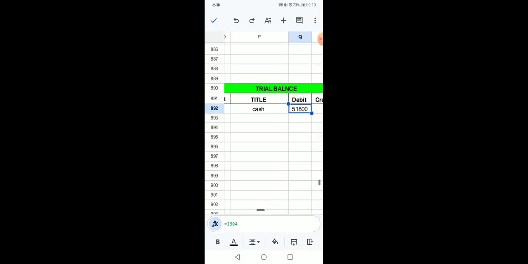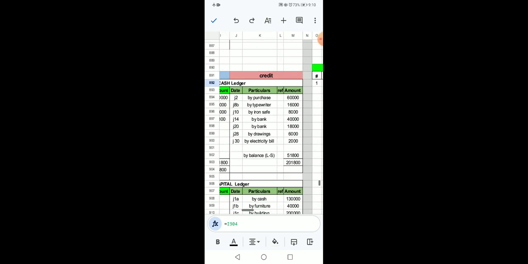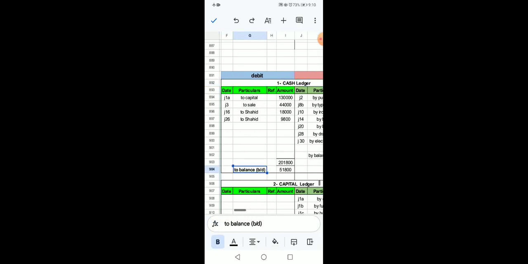Here posting for cash ledger on trial balance is completed. Once again, please listen. You were making cash ledger, you have seen balance, it is brought down on the debit side. So you will choose debit side of trial balance and will post the balance brought down in debit column. First posting is completed.